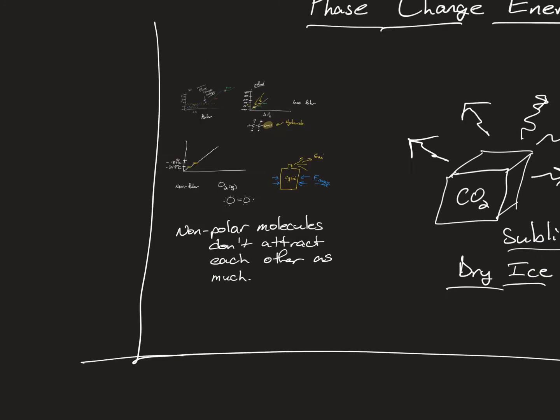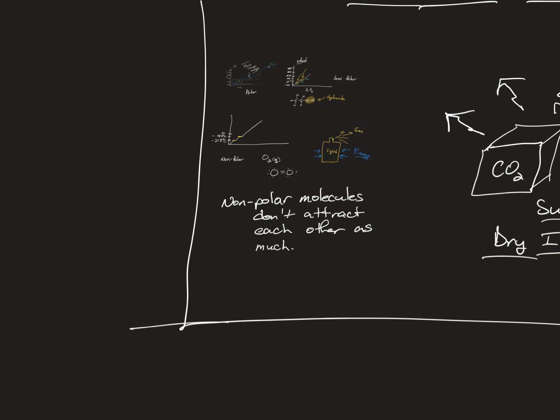And so that leads to lower boiling points and lower melting points. Remember, boiling points are also condensation points, so it's boiling point / condensation point, melting point / freezing point. It all depends on which direction you're going.